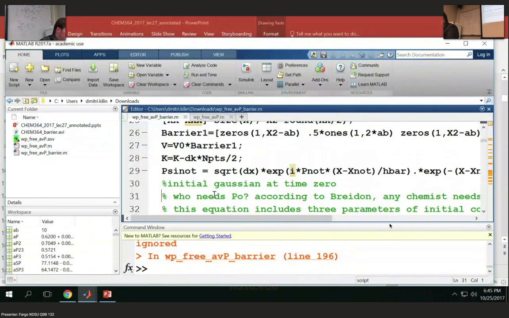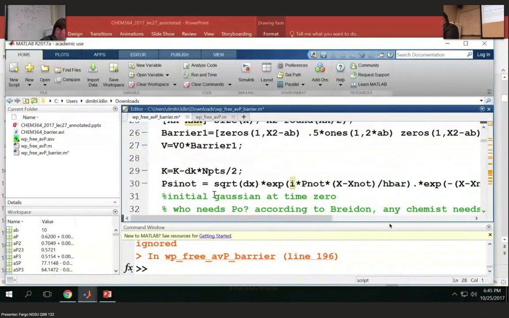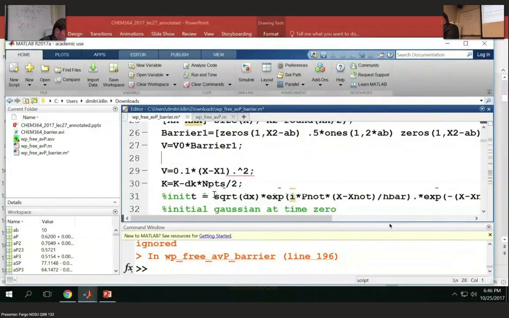What I'm going to do, we'll try our luck defining maybe X equilibrium to be more reasonable. Save.